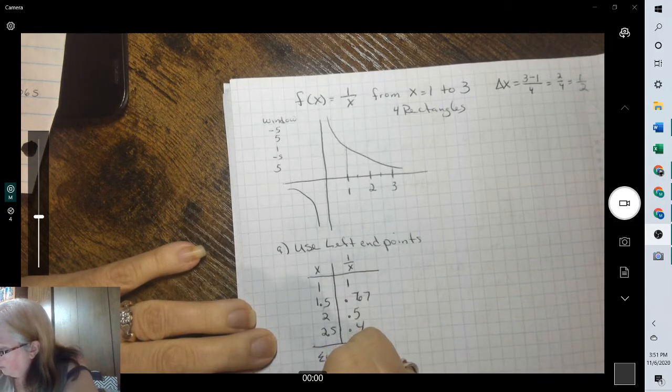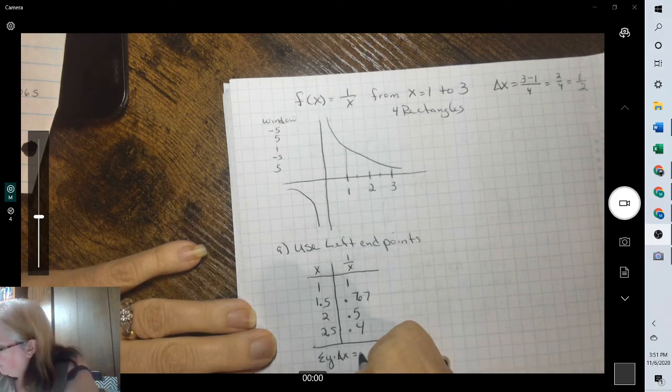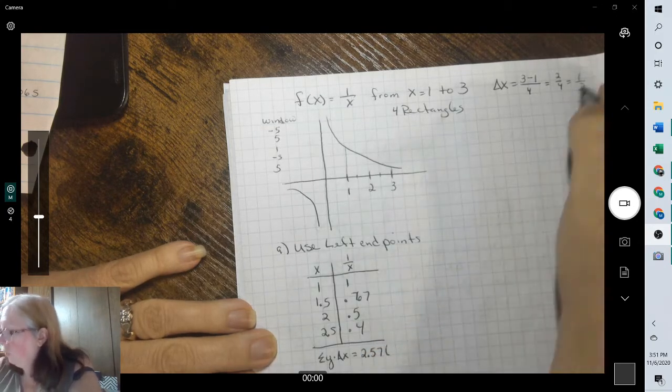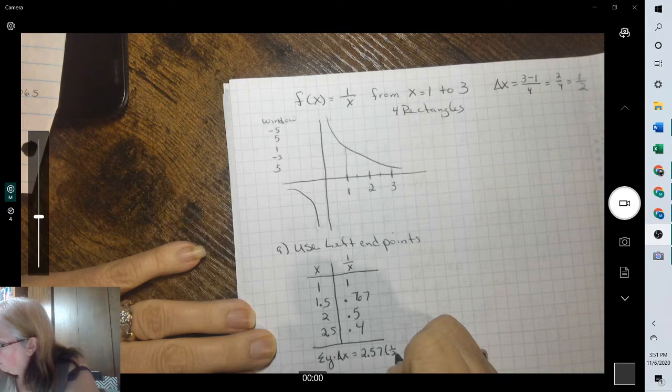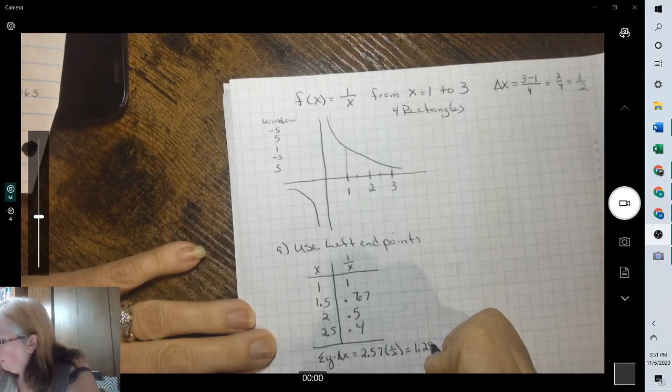You add them up and multiply by your change in x. So if we add these up, we get 2.57 times our change in x, which was 1/2, which gives us 1.285.